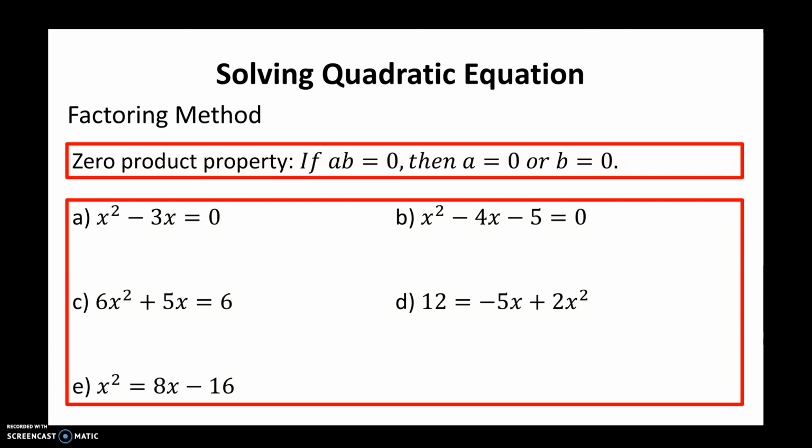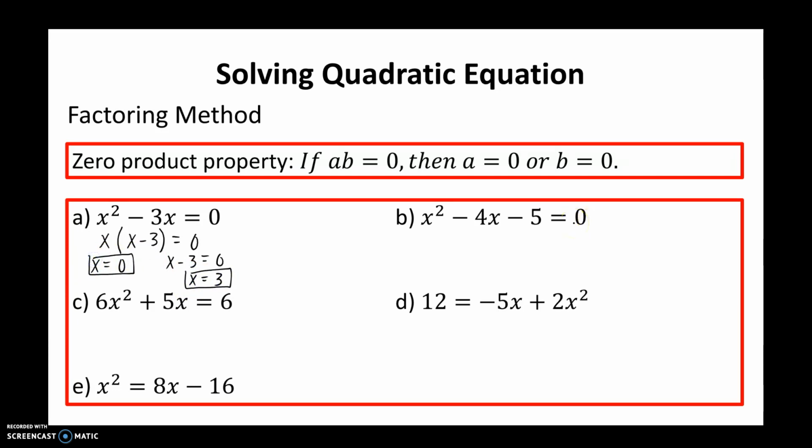So when we look at part A, the factoring technique, there's a greatest common factor of x. So I divide that out of each term, and I'm left with x times (x minus 3) equals 0. Once you factor the equation, then using the zero product property, I set each factor equal to 0. So I'm going to have two equations. So my 2 solutions, x equals 3 or x is equal to 0.